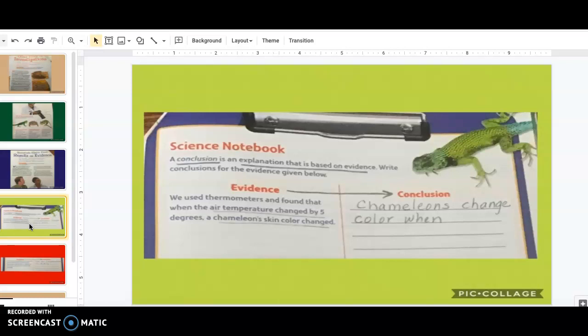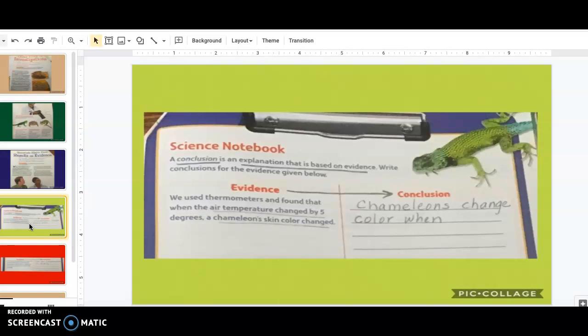So the evidence says we used thermometers and found that when air temperature changed by 5 degrees, a chameleon's skin color changed. So reading that evidence, what is something I can say about chameleon's skin color and when it changes?